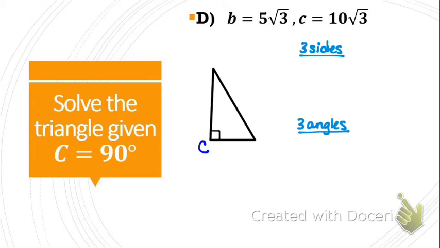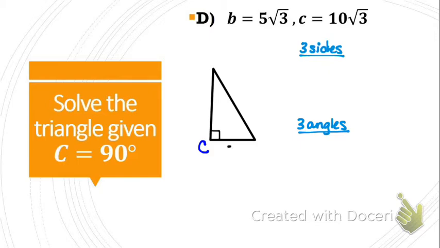Now with a 30, 60, 90, what are the relationships with the sides? We've got a long leg and a short leg and our hypotenuse. What are the relationships between those? Yes.